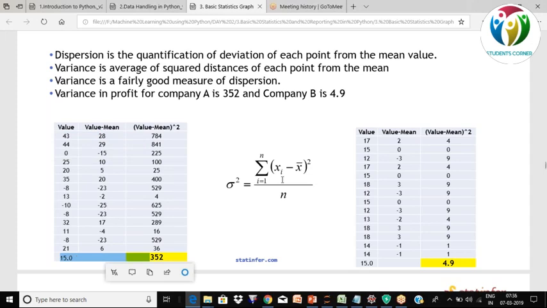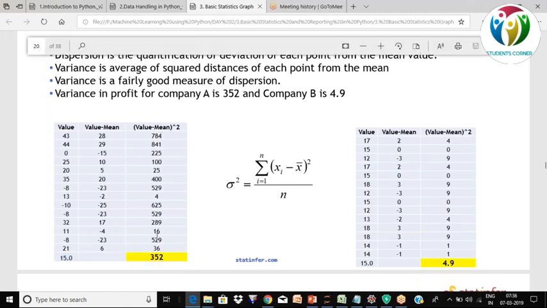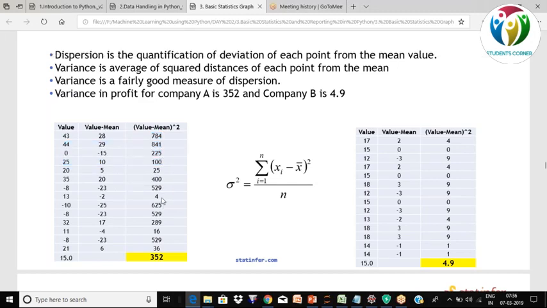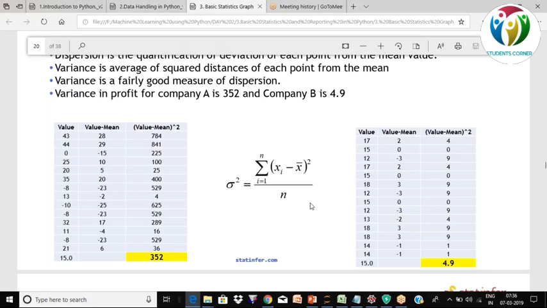We do those, and at the end we square it and divide by n. Once you have these squared values, you sum them up and divide by the number of observations. If you count 1, 2, 3, up to 14, you add up all these third column values and divide by 14. That will give you the variance.